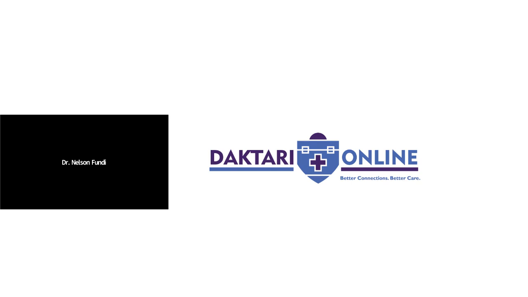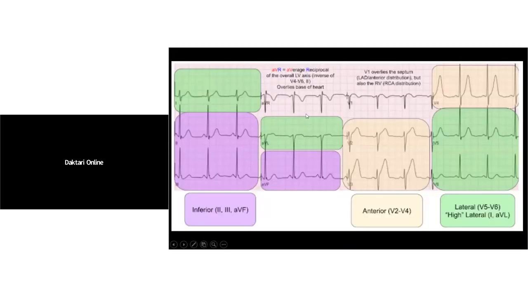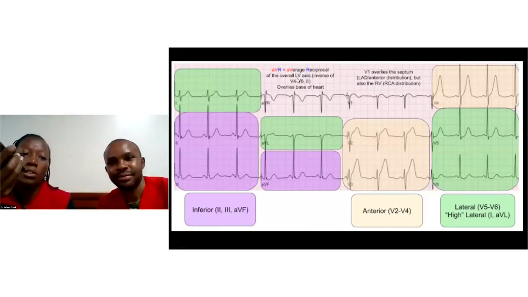In other words, contiguous leads. If I'm appreciating any changes on lead 1, 2, 3, or whatever leads they are, which part of the myocardium or which part of the heart is affected by these changes? We need to know contiguous leads.